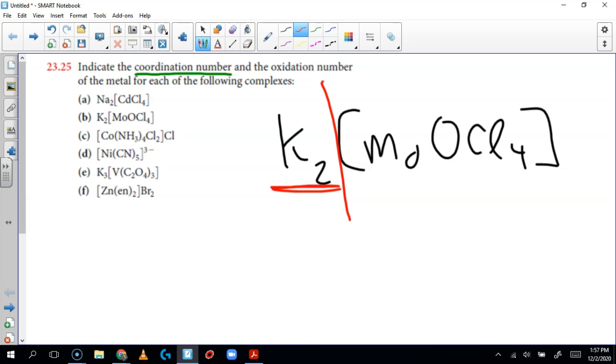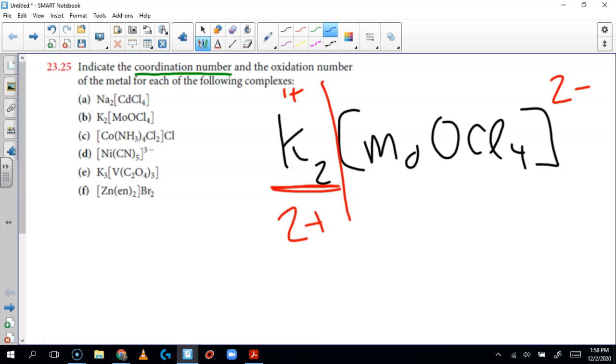And we know that potassium always has a 1 plus charge, so that means that this side is a 2 plus. So in order to balance this, this whole thing has to be a 2 minus. Now we need to use our knowledge of ions to know what is going on here.